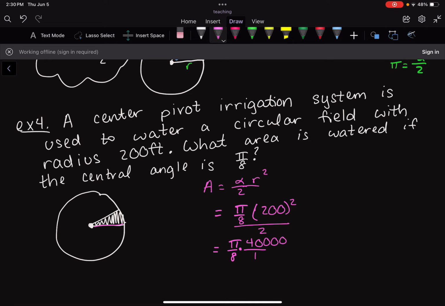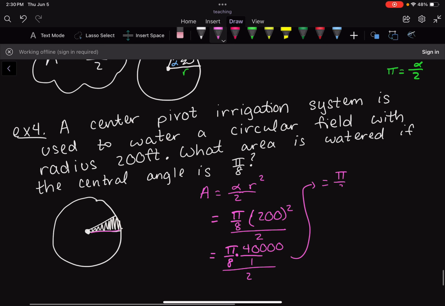It would be 40,000, and then this is divided by 2. Remember that when you divide by 2, that's the same as multiplying by 1/2. So I don't really like seeing this as such a complex fraction. So I would write pi over 8 times 40,000, and then that's over 1, times 1/2.